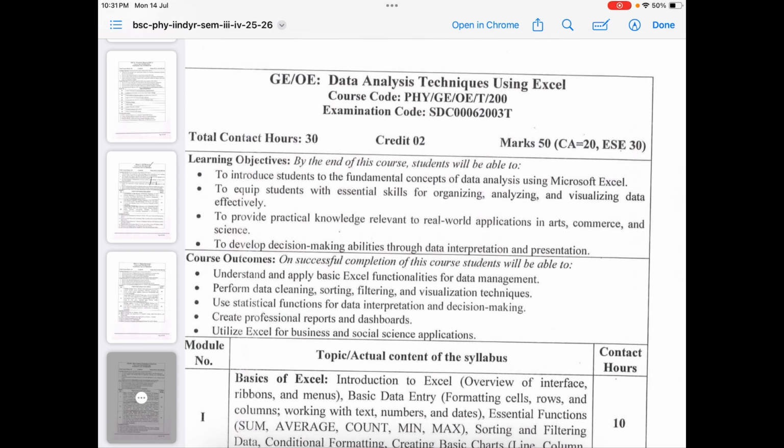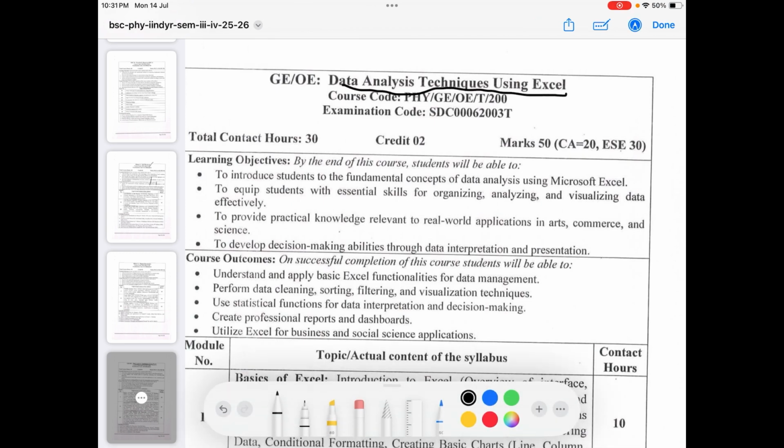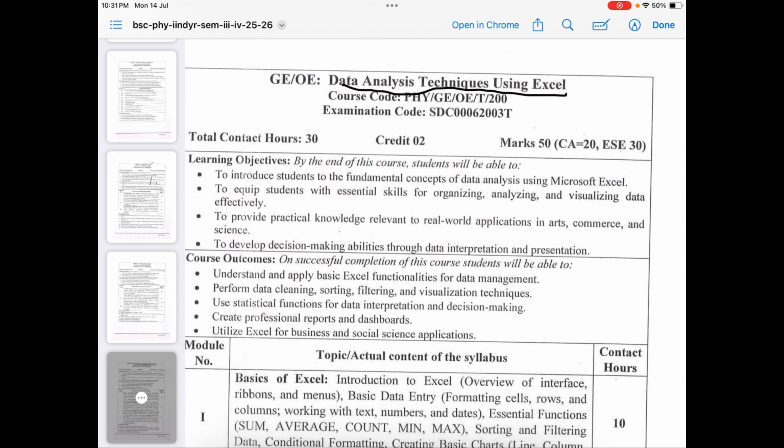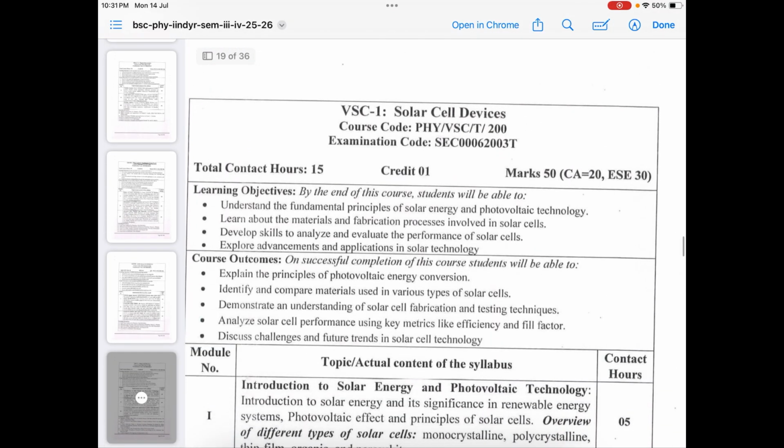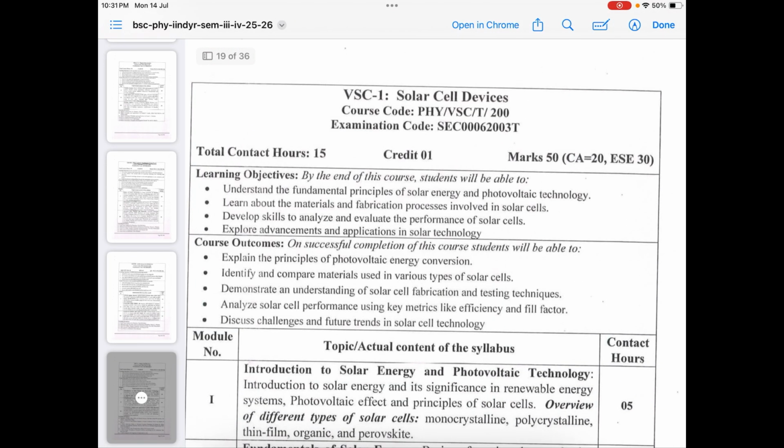And those students from a background other than science, that is, students of other faculties, who have physics as their generic subject, have to learn this paper, data analysis technique using Excel. Those students who have physics as their skill subject have to study one paper from two papers.